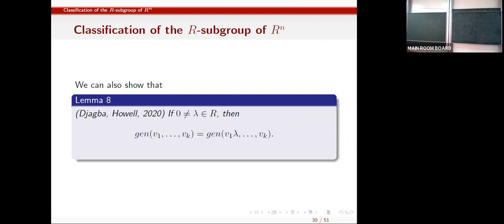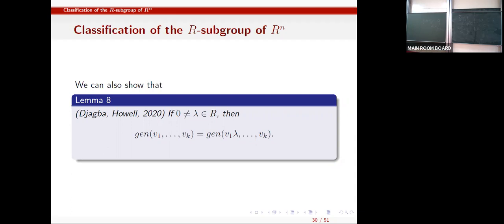For this, we can show it by defining the gen of V1 up to Vk to be the union of L_C^i, and the gen of V1 lambda up to Vk to be the union of L_C^i prime. Then we want to show the equality. To show the equality, we show the first inclusion and the second inclusion.